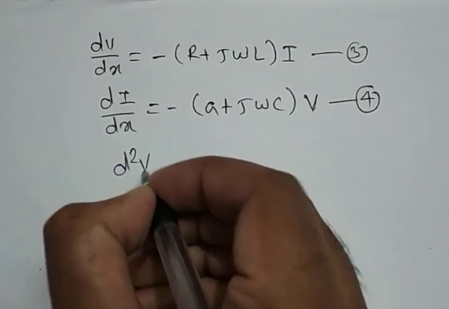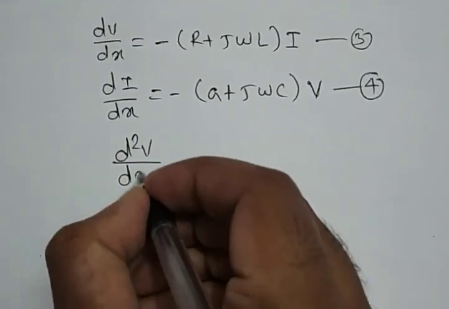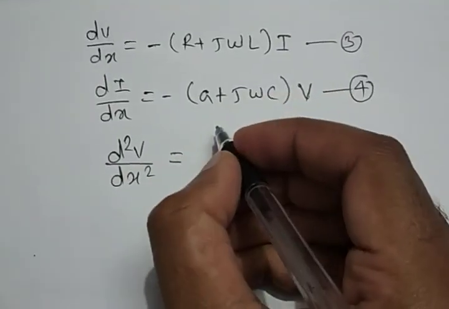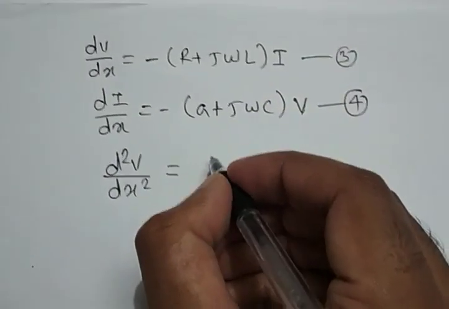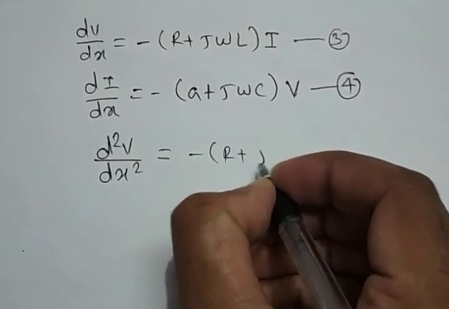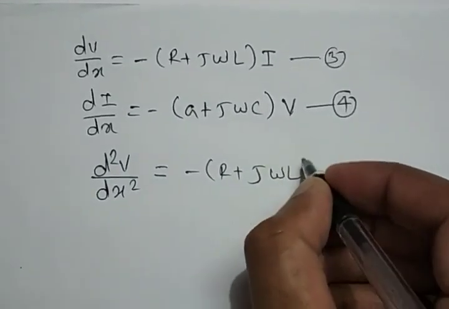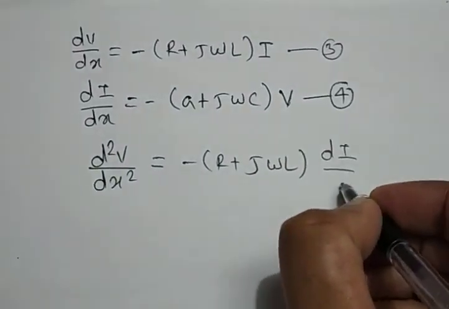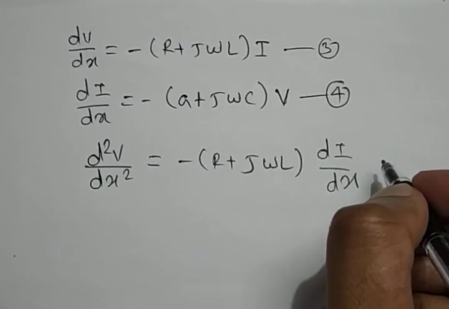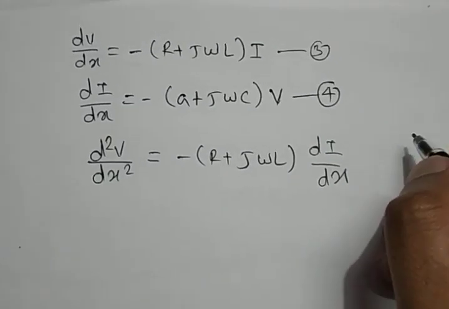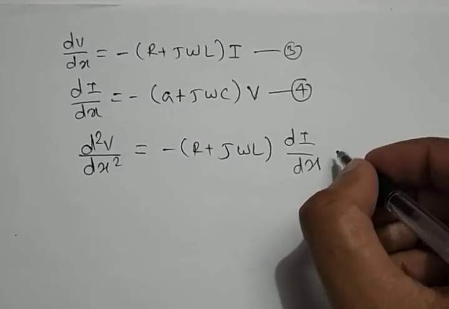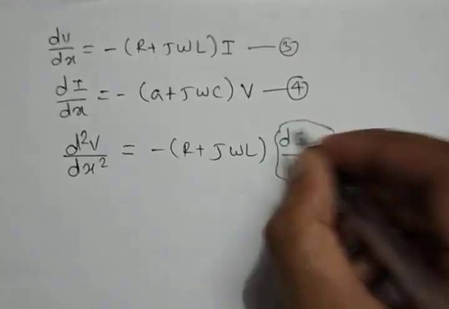We will get d square V over dX square is equal to minus R plus j omega L into dI by dX. So we already have dI by dX here.